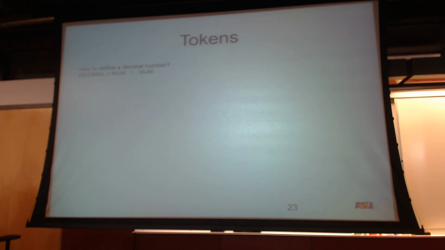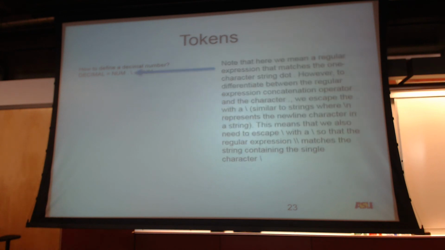Because dot is same as the concatenation operator, right? So whenever a symbol is same as an operator, we will use the slash sign just before the symbol, right? So slash dot means dot is a symbol in this case. Okay.